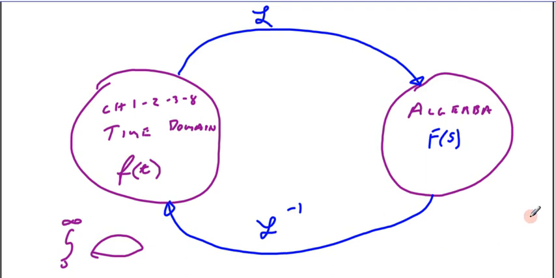Okay, so that's what I'm going to do. Just like I did before, I didn't want to do multiplication and division, so I'm not going to do it. I'm going to go to the S domain. So I'm leaving the time domain, I'm entering the S domain, and I'm using algebra, and then I'm solving for f of t that way. Okay, that seems like a reasonable thing to do.